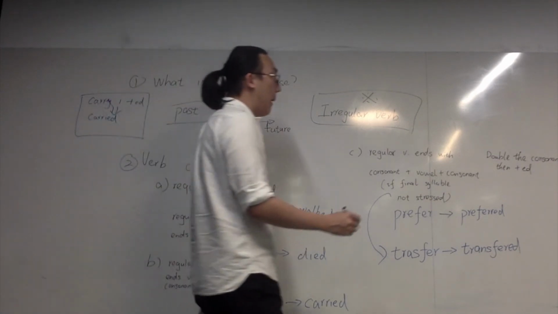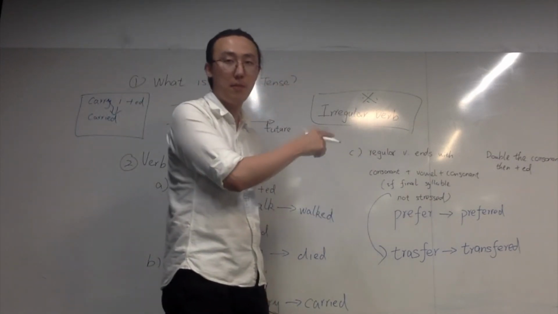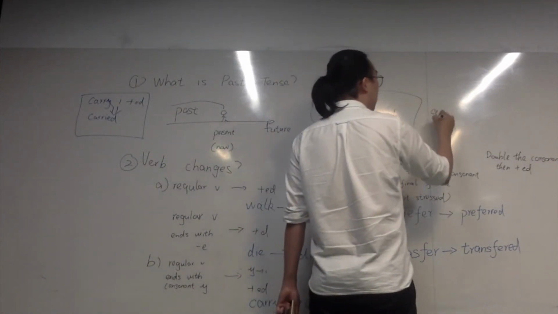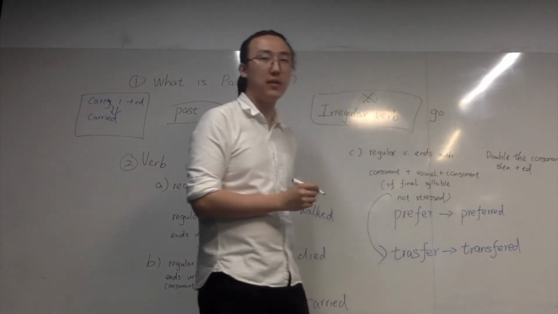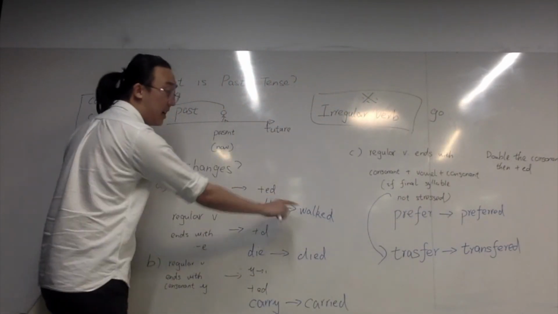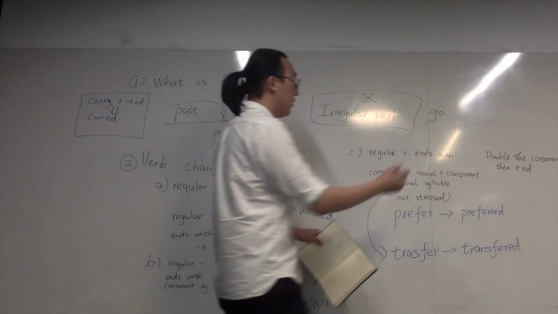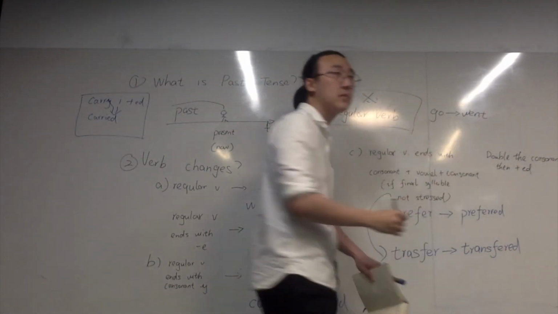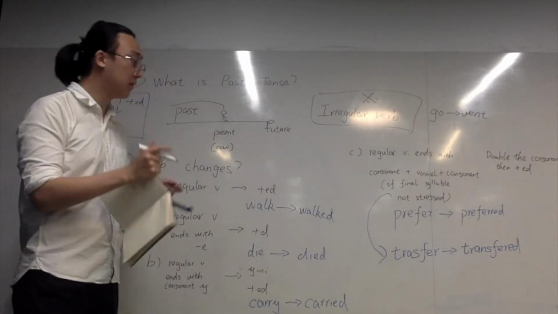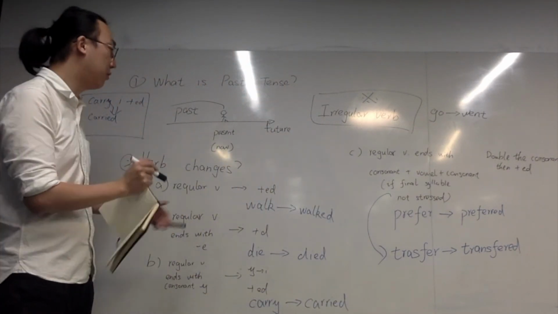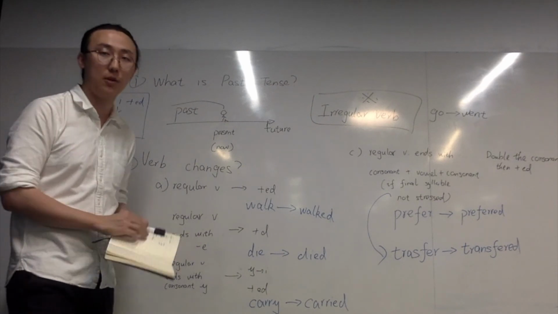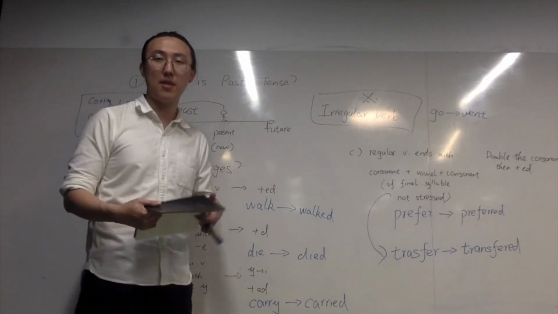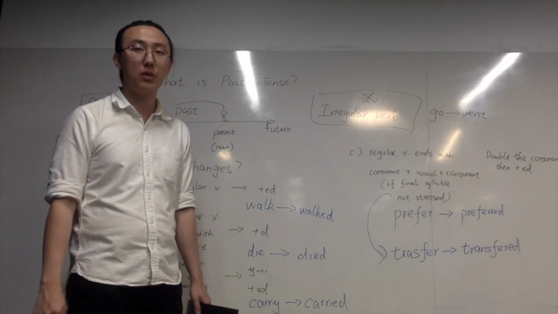You have to memorize those. Like go. You couldn't say I go. Nope. You have to say I went. So it doesn't follow the rule, but it's not too much, only quite a few of them. So spend some time memorizing that, and then we can move on to the next activity.